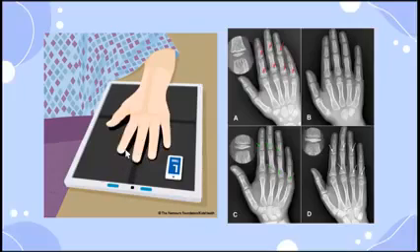Okay, for example. Now, if this is an adult hand, this will be the field size for the DR. So if the patient now is a child, so this hand will become smaller.